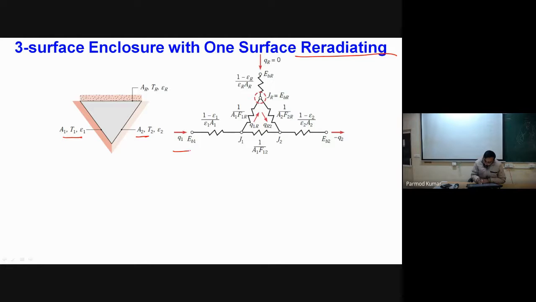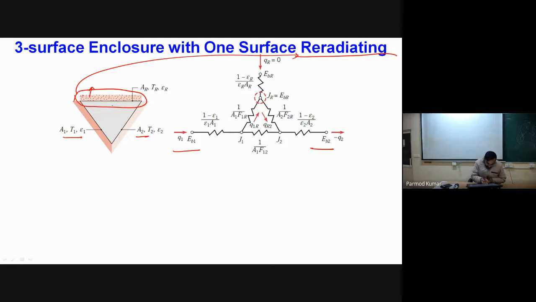If you see the corresponding resistance circuit, whatever I have just shown you in the previous slide, that circuit is drawn over here. Now, one phase of this particular enclosure is considered as a re-radiating phase. The quality of the re-radiating phase is that its one side is perfectly insulated, so we will not be having any net amount of heat transfer going out of this.